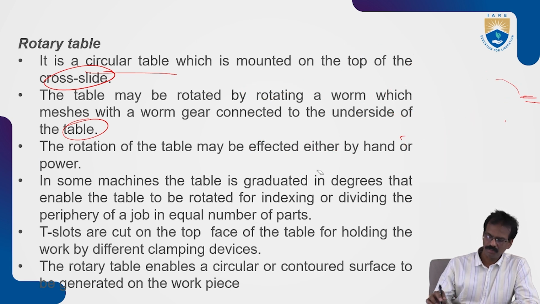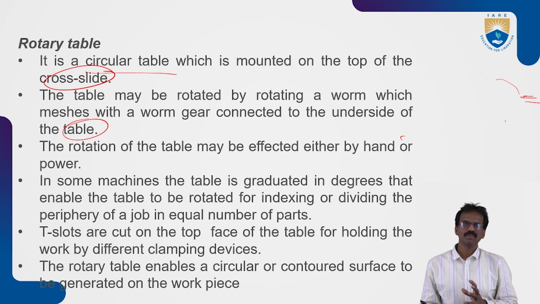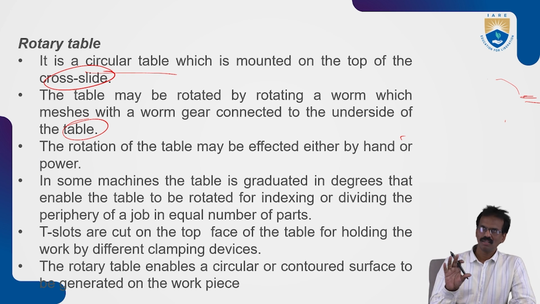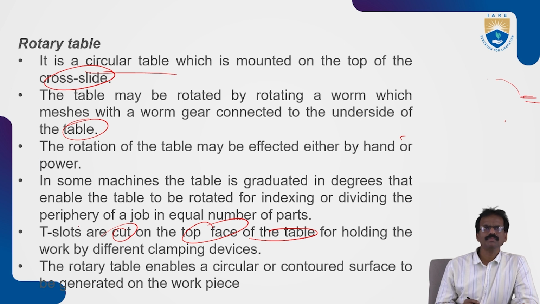That is the main advantage. By the help of this, we can machine gears, keyways and some slots also. T slots are cut on the top of the table by the help of T slotting.